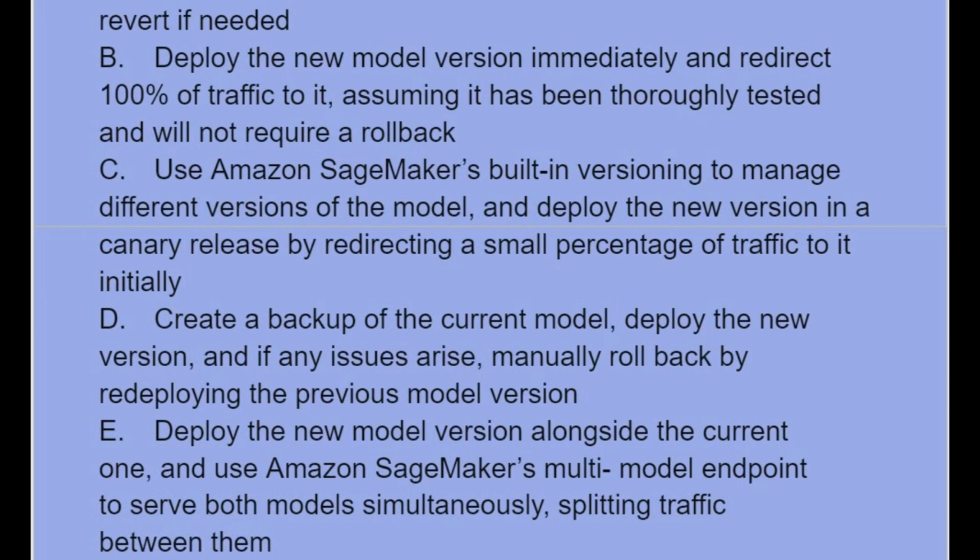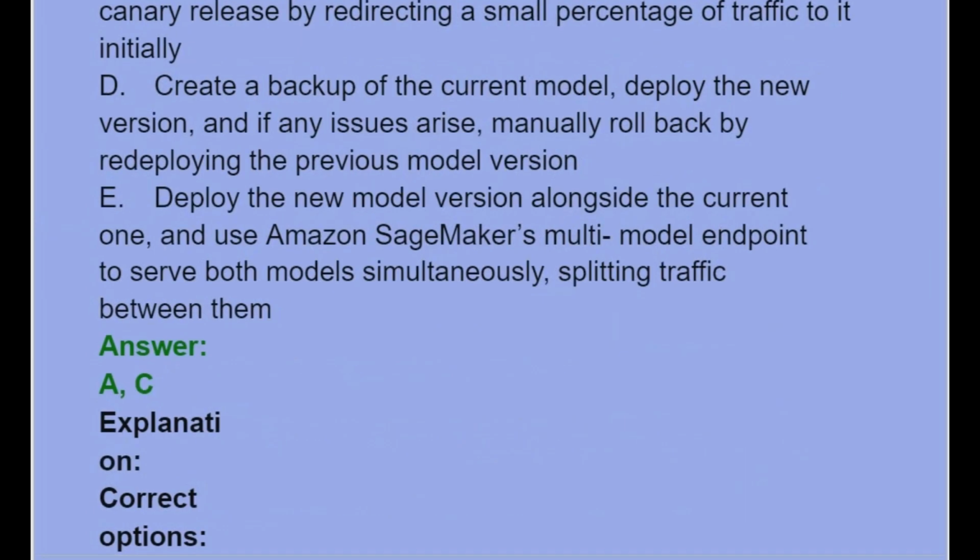Option E, deploy the new model version alongside the current one and use Amazon SageMaker's multi-model endpoint to serve both models simultaneously, splitting traffic between them. Correct answer is option A and option C.